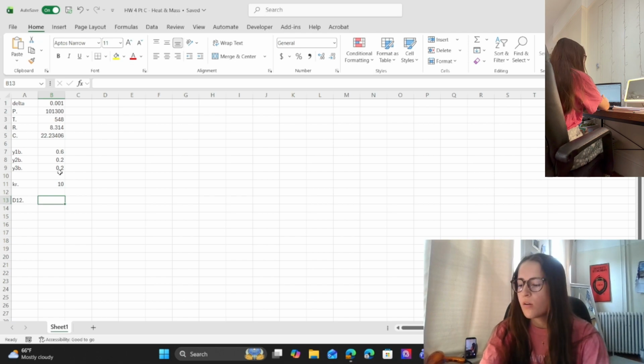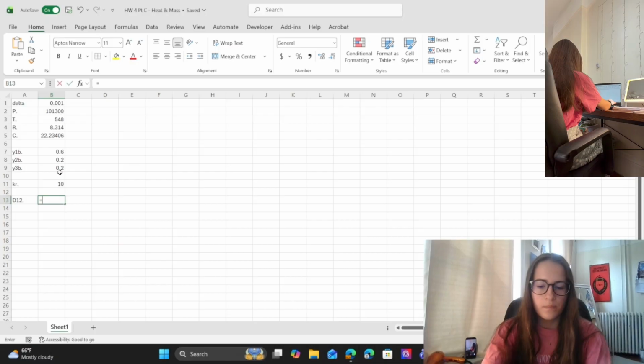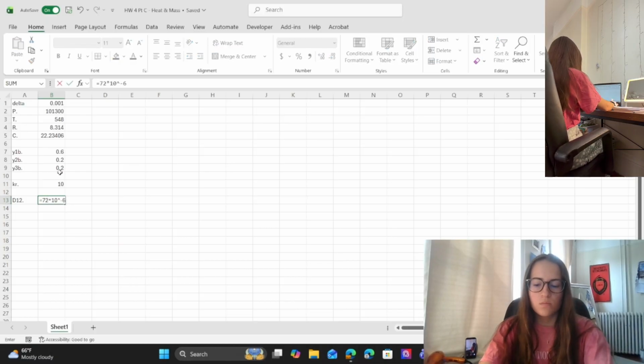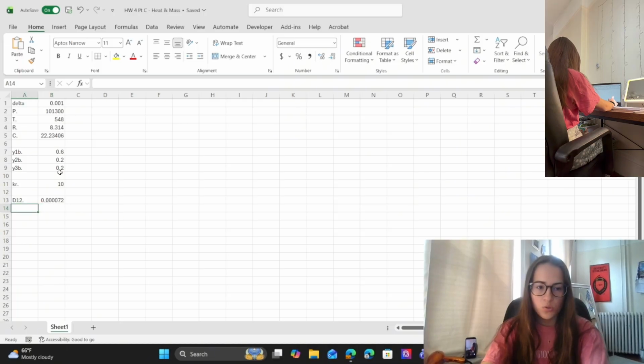And then lastly, our diffusion coefficients. So for how ethanol diffuses in acetaldehyde, we had that as 72, and this is times 10 to the negative 6 because we need it in meters squared per second instead of millimeters squared.